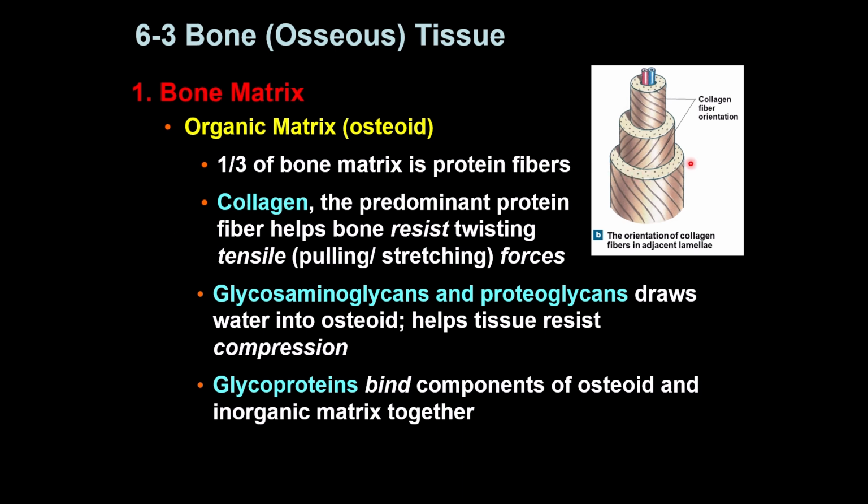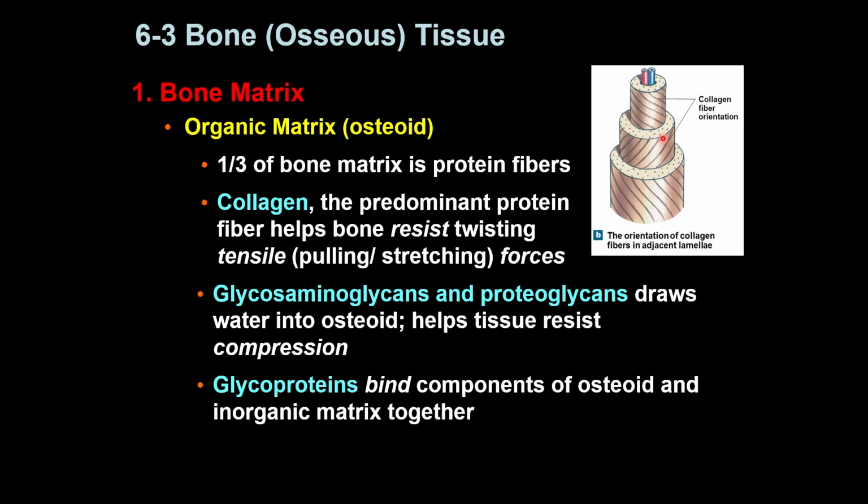Here, if you can see, the bones are made of different layers. It looks like a wedding cake or birthday cake, probably. In each layer you can see the collagen fibers are in a specific direction. They run parallel to each other in each layer.